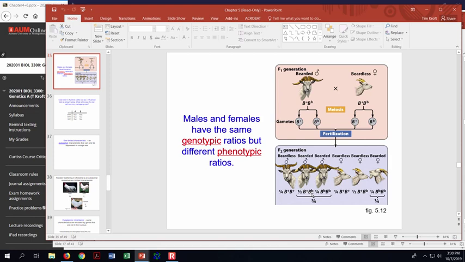BB plus or B plus B plus would both be beardless for the female. If you did 2, you would not be wrong, but both Punnett squares would need to be identical. You could do 2 Punnett squares, and you could circle the 3 that have a beard for the male and put an arrow to the 1 that doesn't. And in the female, you could circle the 3 that don't have a beard and put an arrow to the one that does.